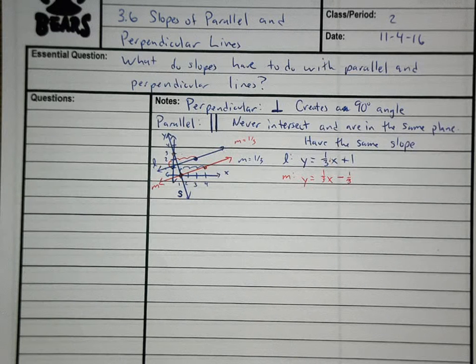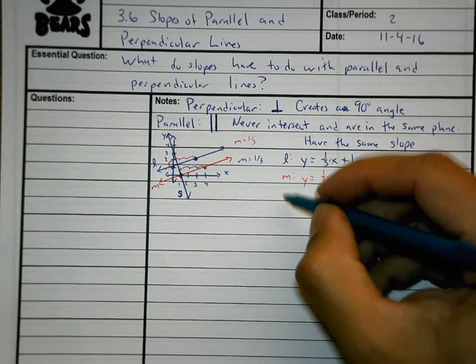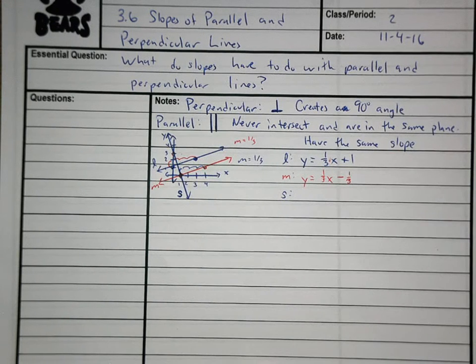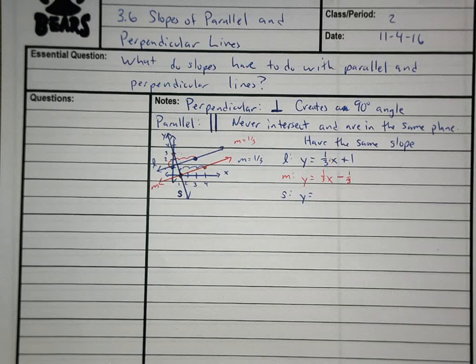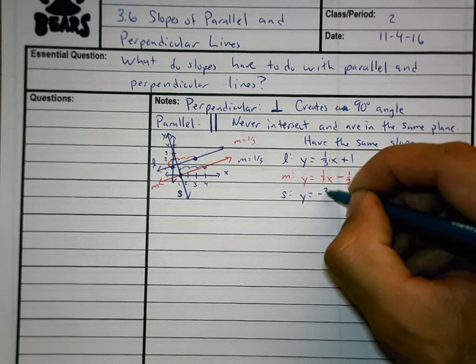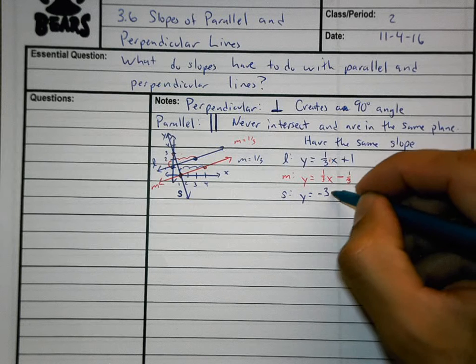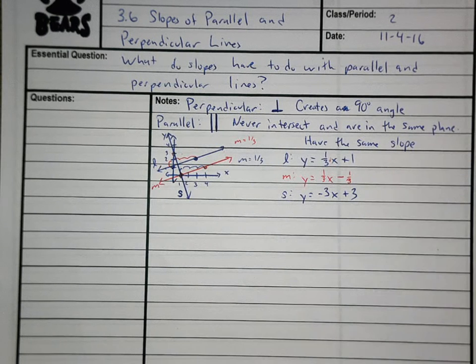I'm going to write down the equation of line S. Y equals -3x plus 3.